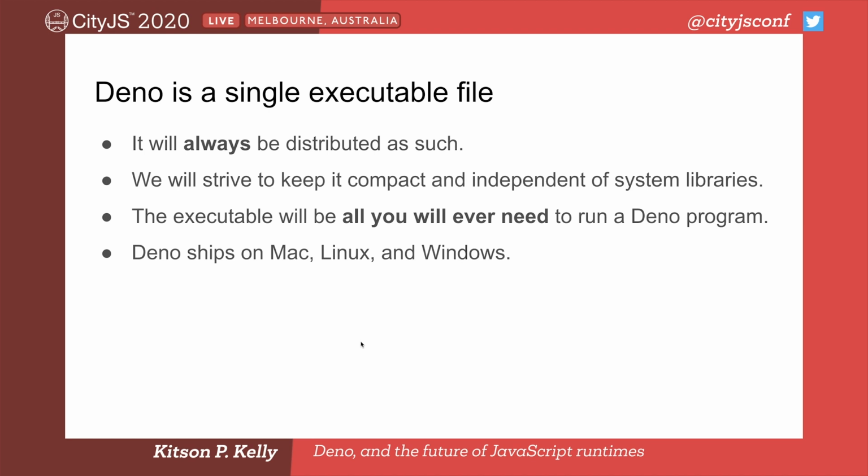And we want to try to keep it relatively compact and independent of system libraries, so that the executable is all that you'll ever need to run a Deno program. Currently, it ships on Mac, Linux, and Windows. There are a couple of experiments with different architectures, and who knows in the longer term where that will lead. But at the moment, it's Mac, Linux, and Windows.